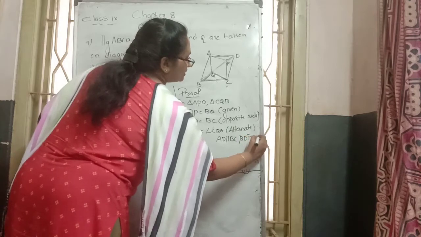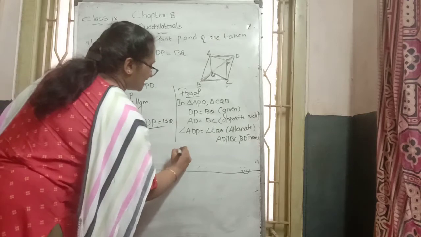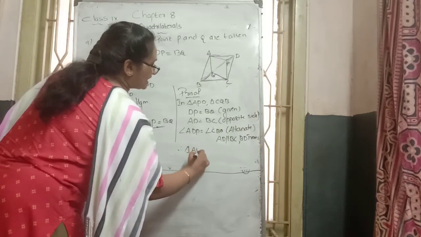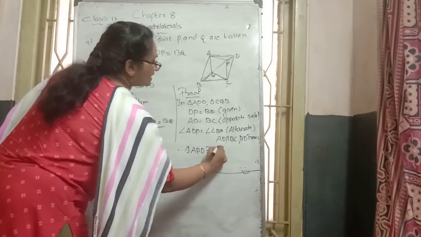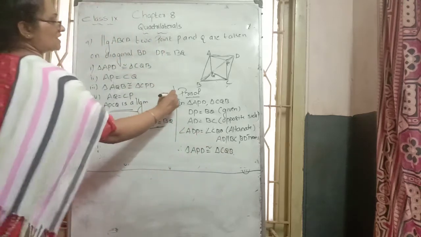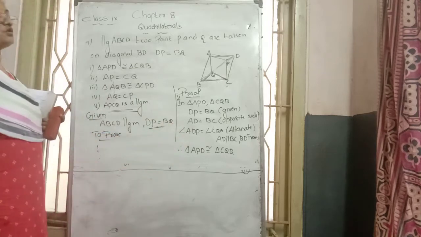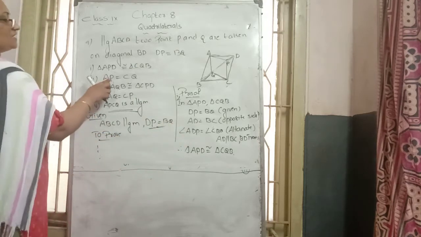So the 3 conditions are satisfied. Therefore our required triangle APD is congruent to triangle CQB. First part completed. We proved that these two triangles are congruent. Next, what do we want to prove?